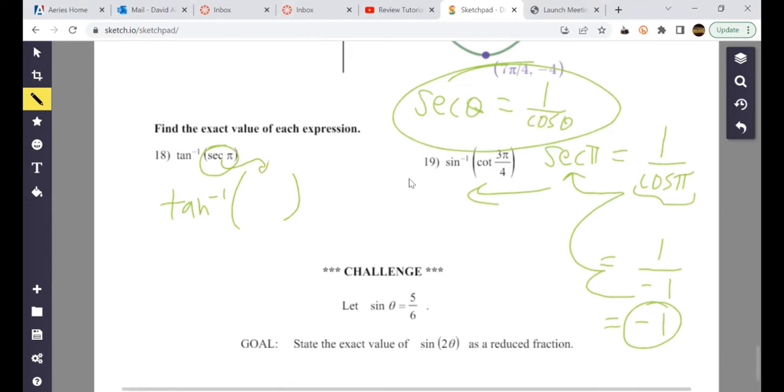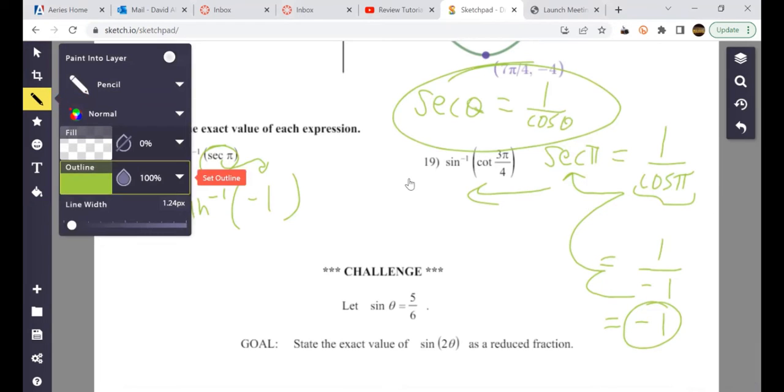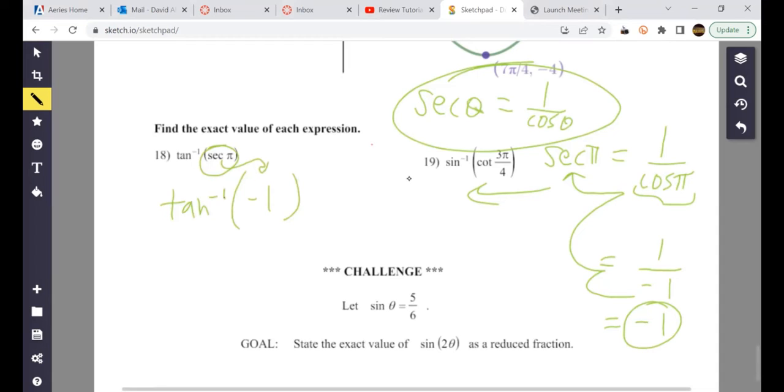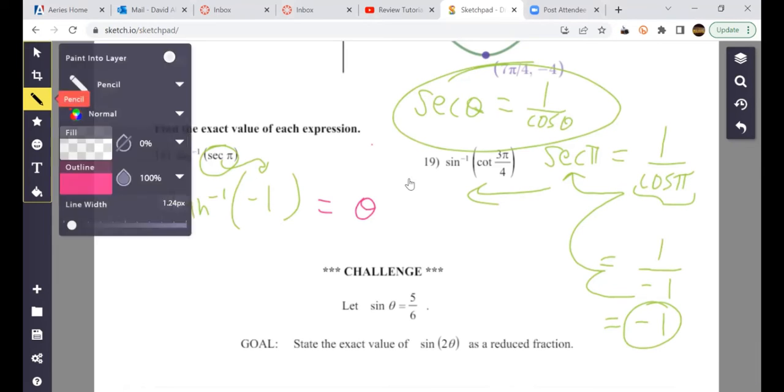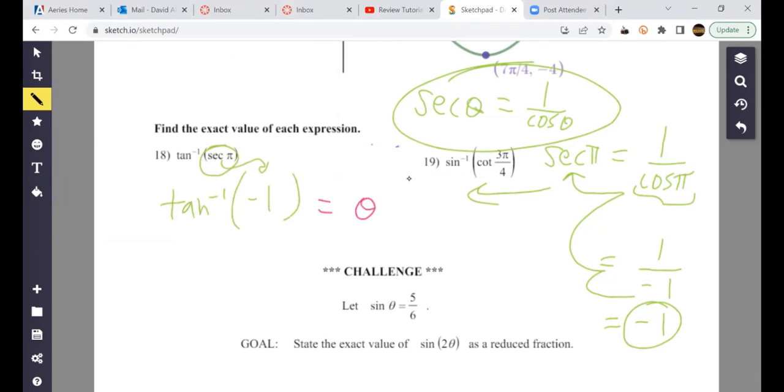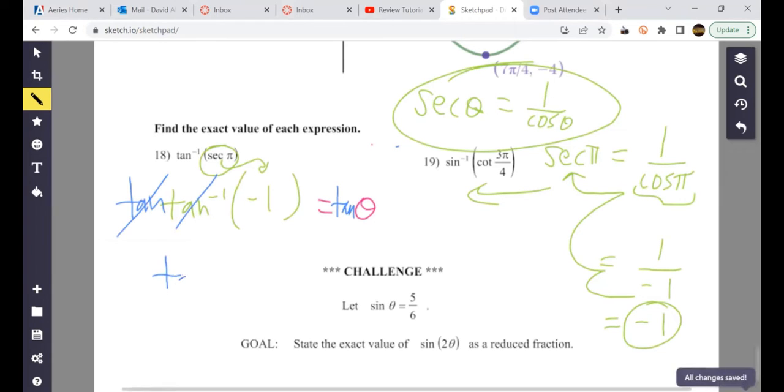Now in the parentheses, secant of pi is equal to just -1. And now the routine is whenever we see a tangent inverse or anything inverse, we go equals theta. And then we want to get rid of tangent inverse. So what we can do here in blue is take the tangent of both sides because these would cancel. And then it would say tangent of theta equals -1.